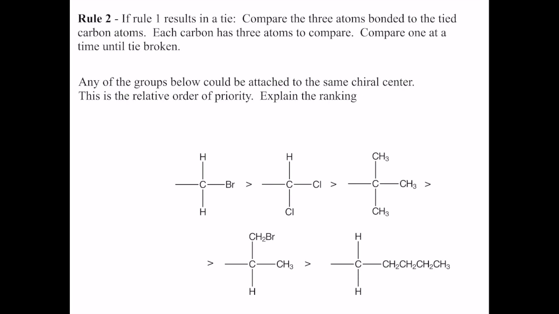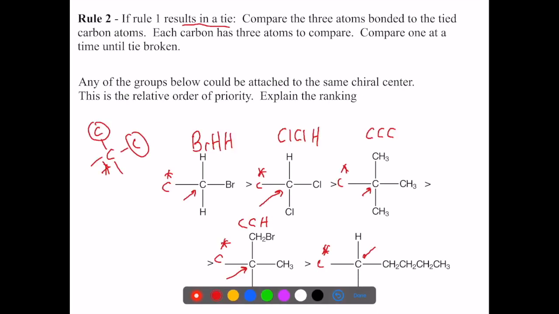But it's not. Because what is on there? Carbon, hydrogen, hydrogen. So it loses out to all the others. Carbon is a tie with carbon for a couple of them. It loses to chlorine and bromine. The second round, hydrogen loses to all the others. So that's the deciding factor.